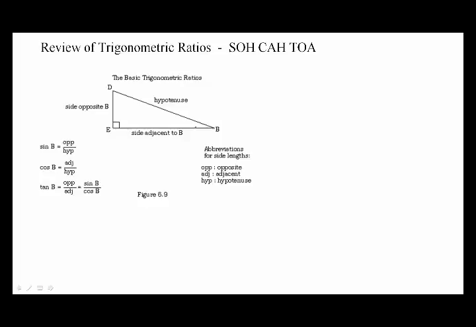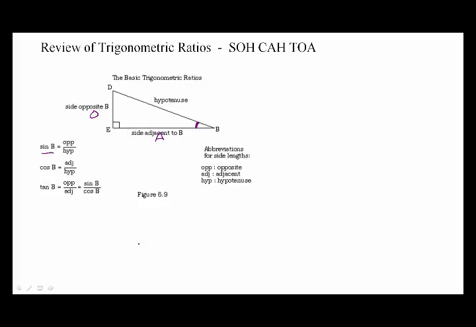It's amazing to me. If it says sine B, for example here, the side that is a part of the angle is the adjacent side. The side that's making up the angle on the other side is the opposite.